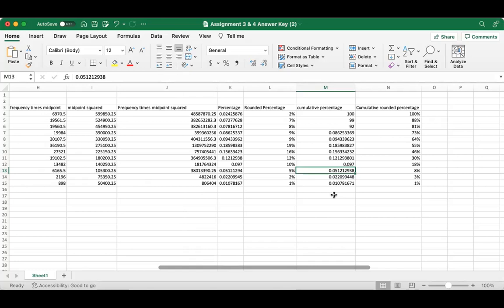Then K10 plus K9, 21. K9 plus K8, K8 plus K7, K7 plus K6. No, I did that wrong.